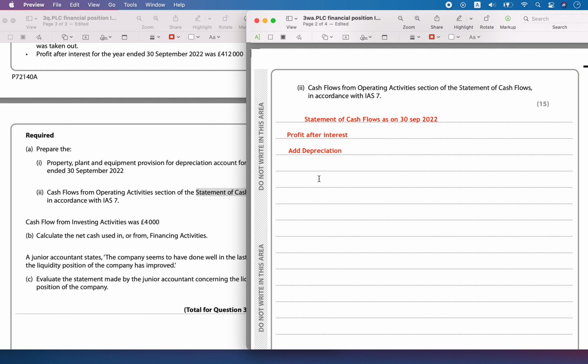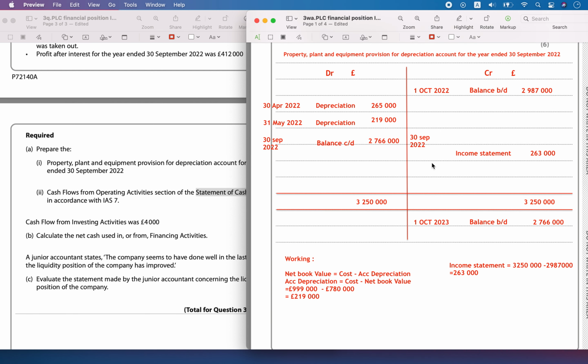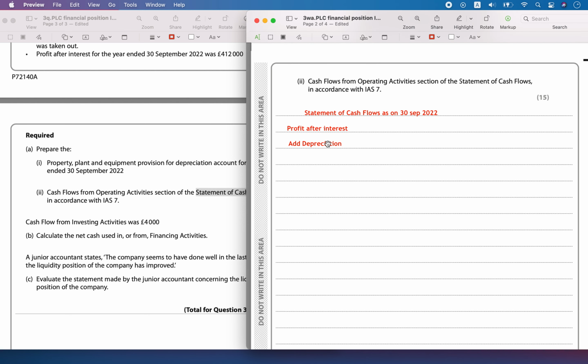Depreciation cost that has occurred, we had already prepared here. So whatever depreciation was transferred, I will add it here, the depreciation for this year.